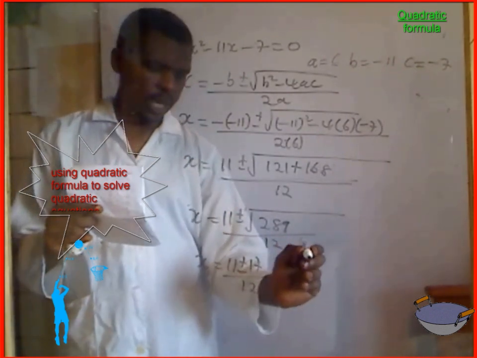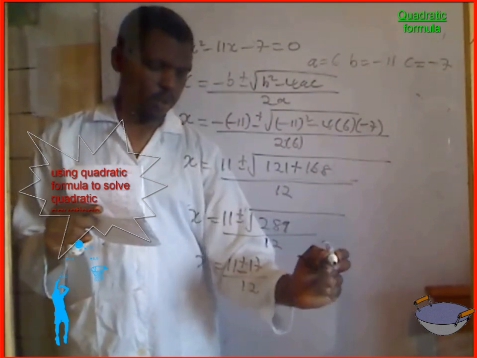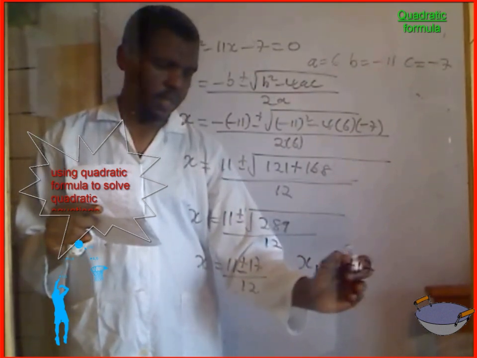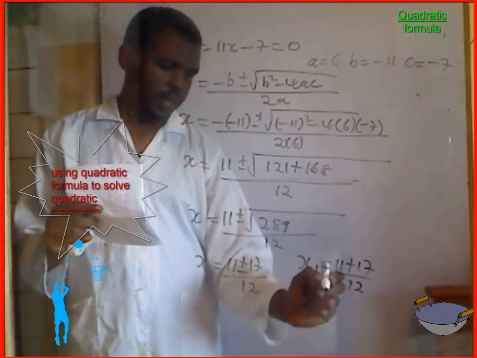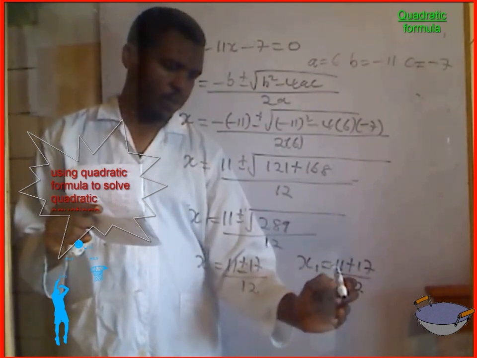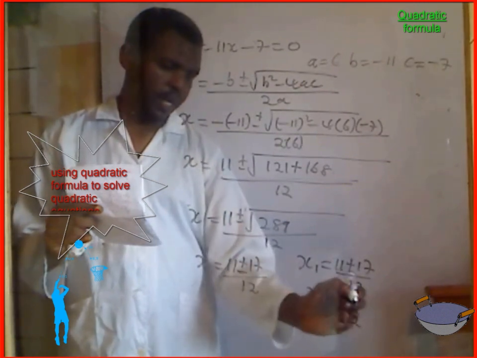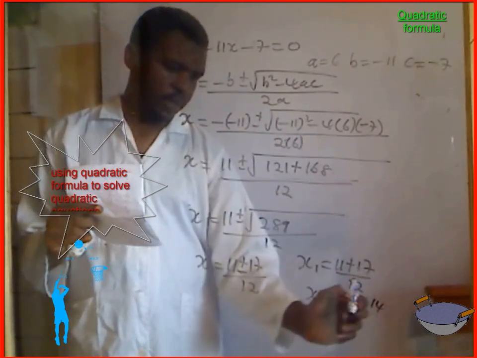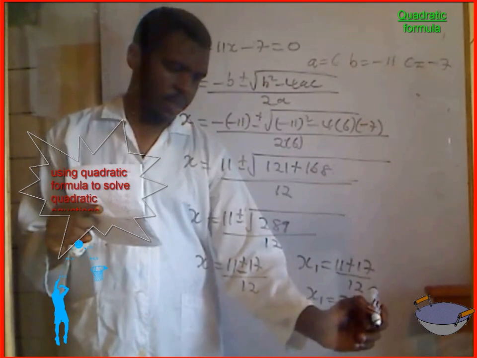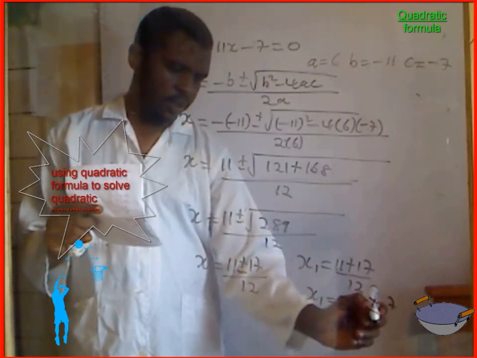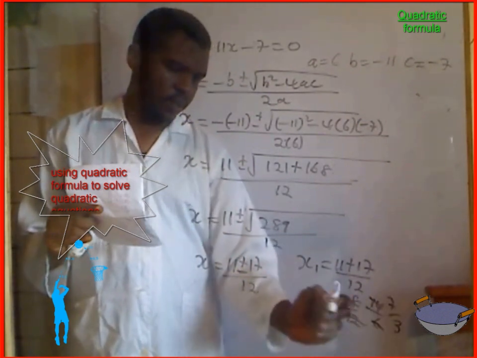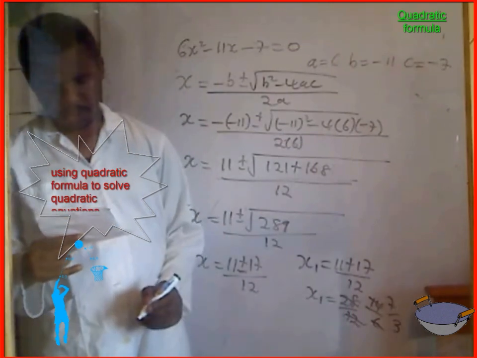So we'll say that x1 is equals to 11 plus 17 divided by 12. So x1 is equals to 28 divided by 12. I simplify. 2 goes there, 14. 2 goes there, 6. 2 goes again, 7. 2 goes there, 3. So x1 is equals to 7 all over 3.